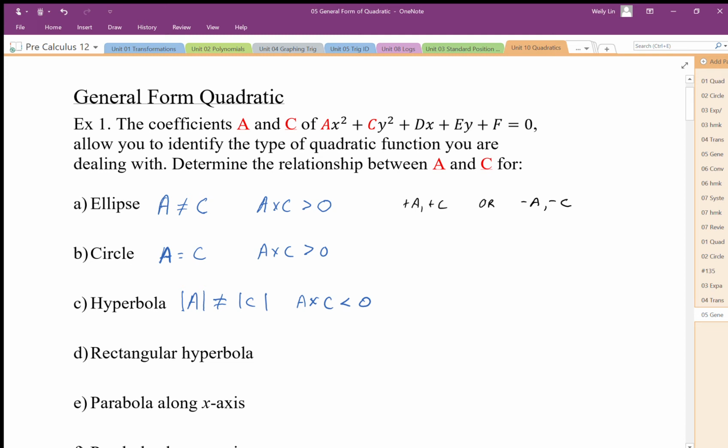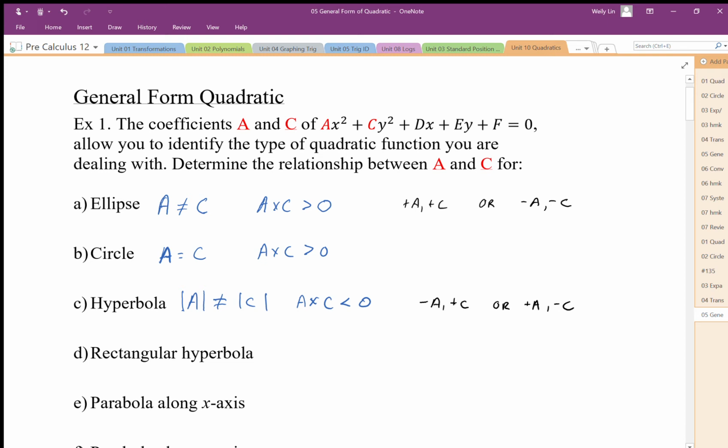In this situation, this would mean that we have negative A, positive C, or positive A and negative C. Either case, A times C will be negative.